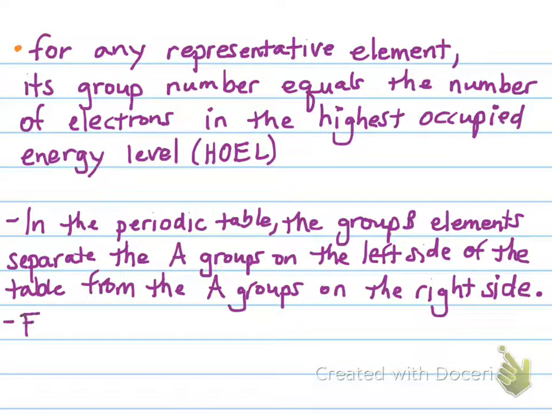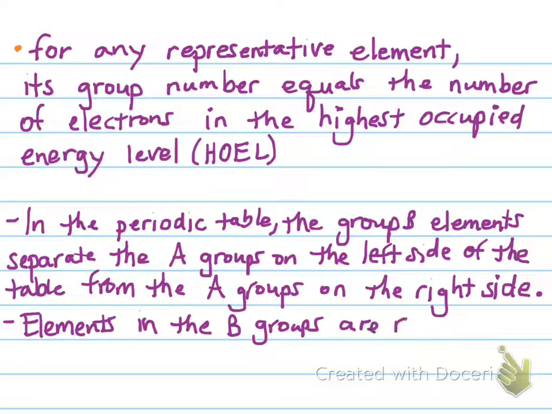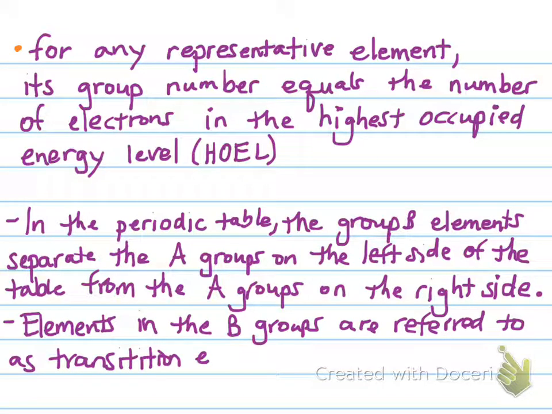The elements in the B groups are referred to as the transition elements. I might have spelled transition wrong.